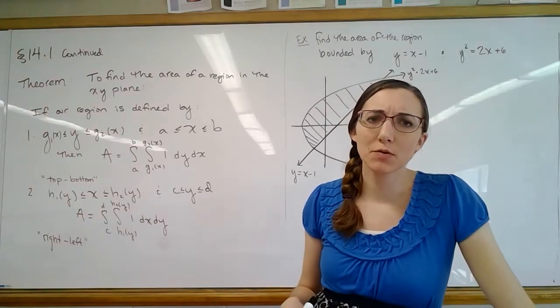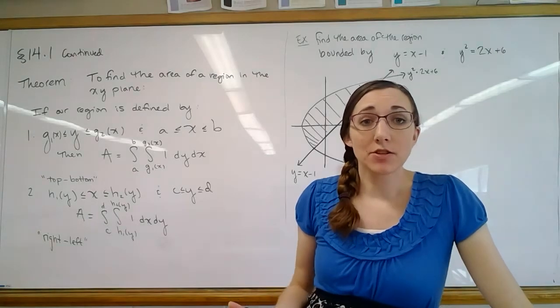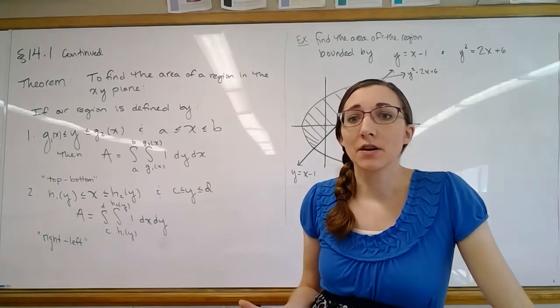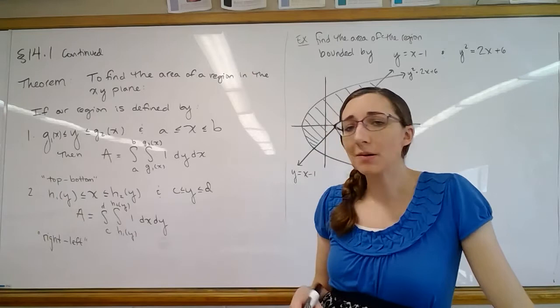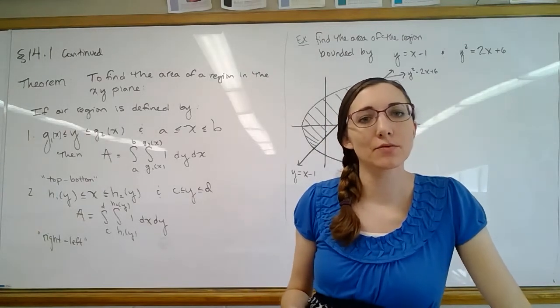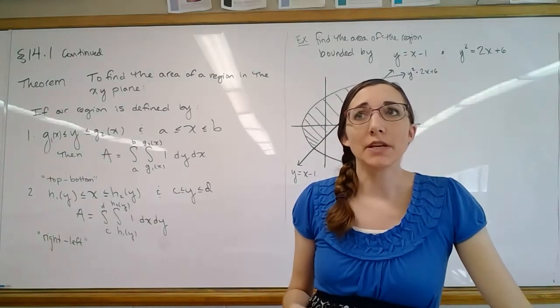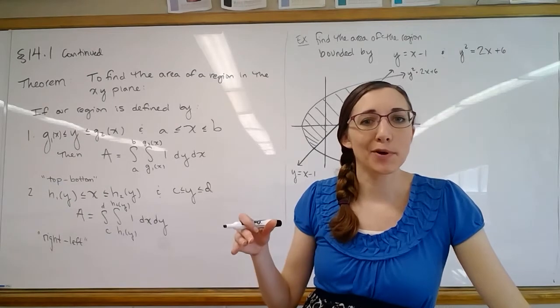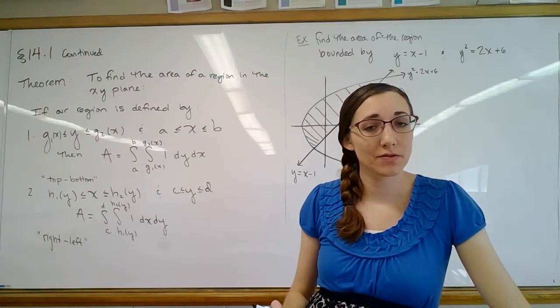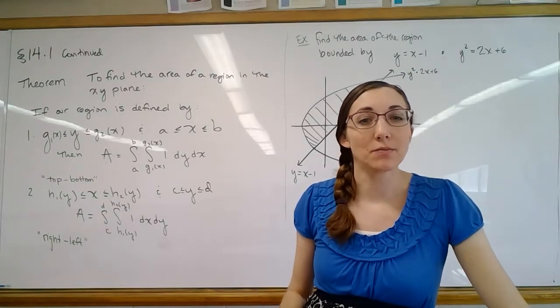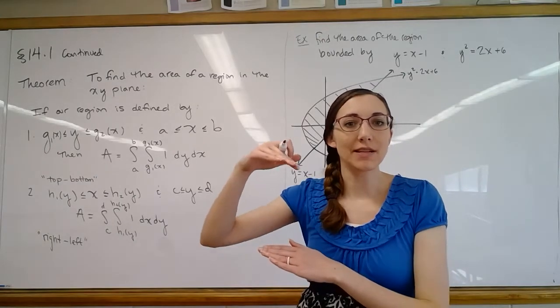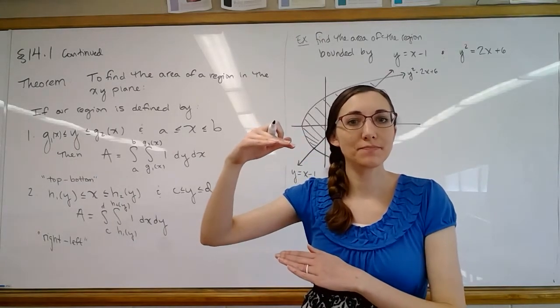And we have to think a little bit about something that we mentioned last time when we were finding areas of regions in the plane, where sometimes it's easier to represent our region using the idea of top curve minus bottom curve, right? Functions of y in terms of x are easier to define that region.